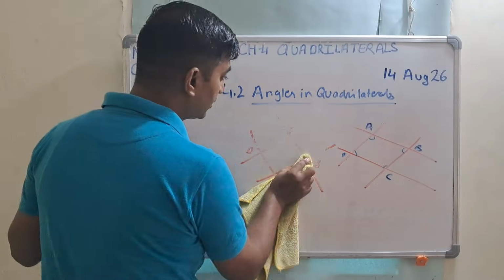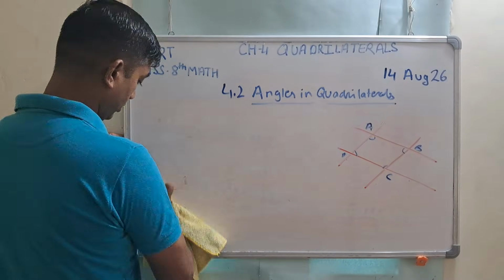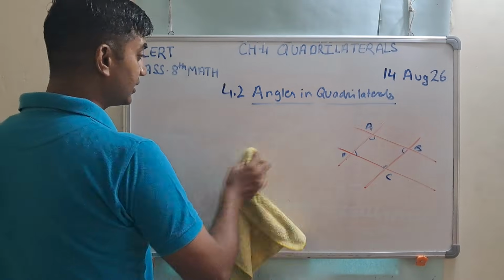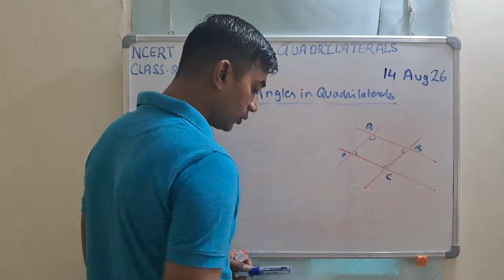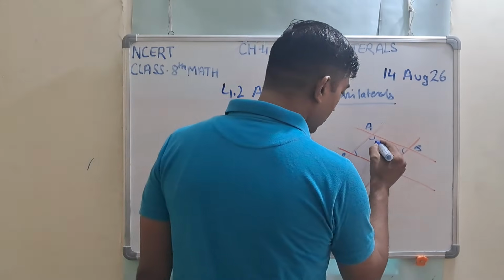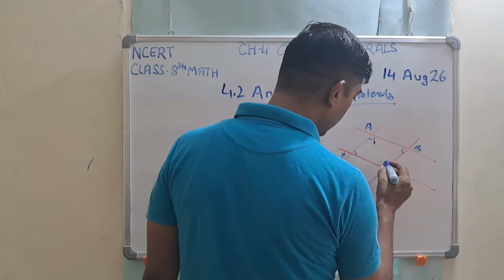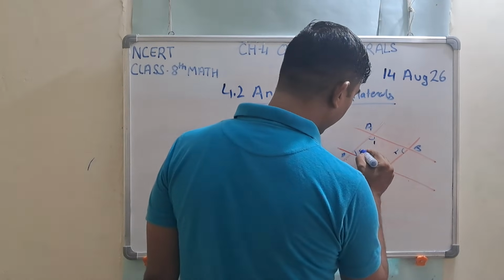Now we will try to establish what the relation is between the angles. Since these are a set of parallel lines that are intersecting each other, now let's name the angles 1, 2, 3 and 4.